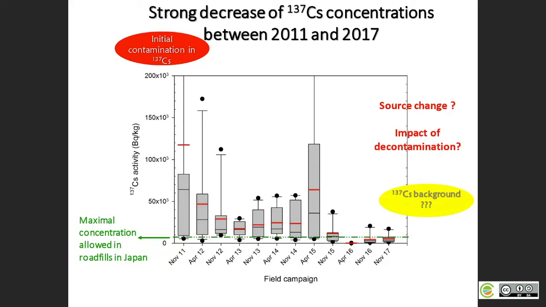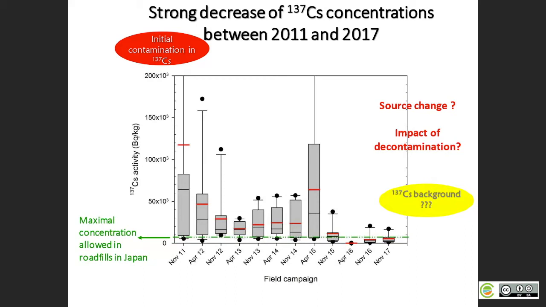But after 2015, we see a very strong decrease in the cesium activity concentrations, continuing in 2016, 2017. We are not back at the cesium background level due to the bomb fallout.